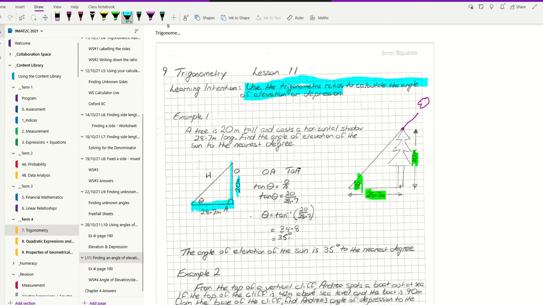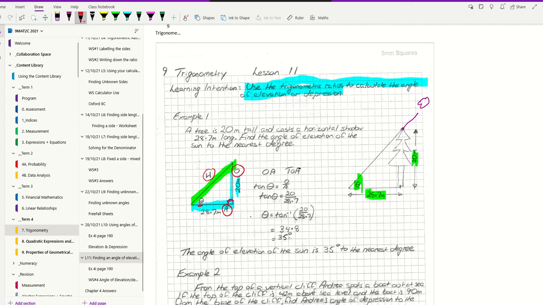Put our theta in and then join it up with our hypotenuse. Then we're going to put our right angle in here. So then we can simply label them all. Opposite the right angle is the hypotenuse, and then between the angle, which is here, and the right angle is our A, and then the other one is the opposite.